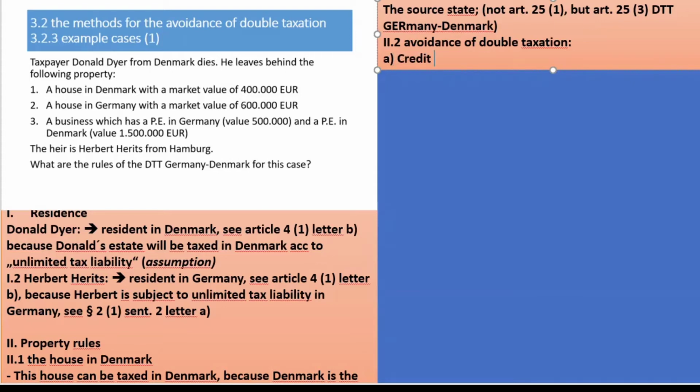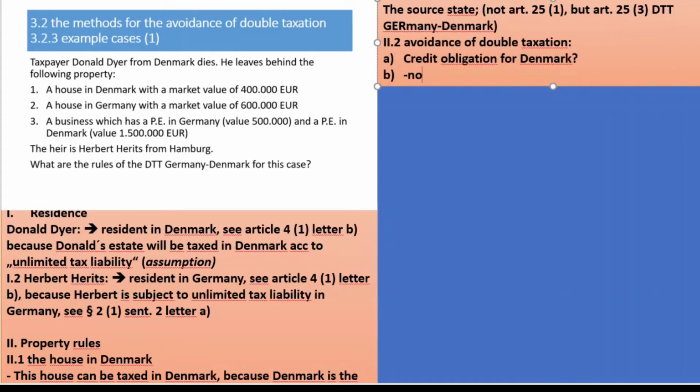So credit obligation for Denmark, and there is none because Denmark cannot be obliged to credit Danish and only Danish taxes. Now the next state in line is the state of residence of the heir, how it inherits.